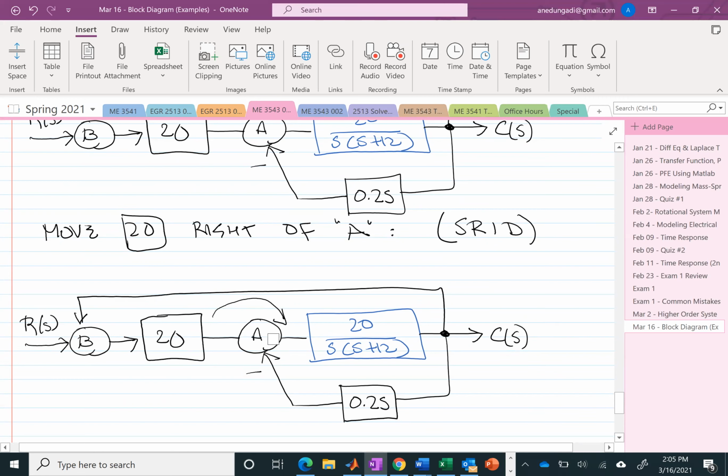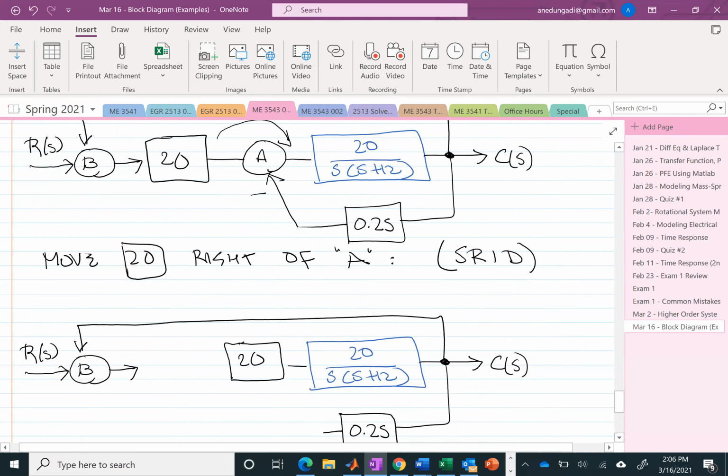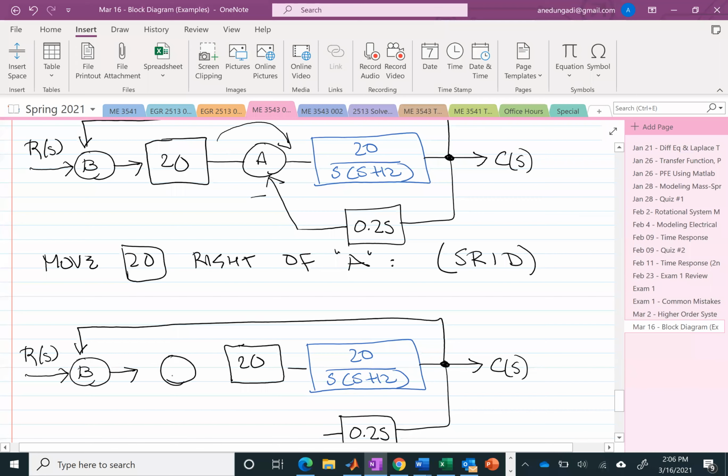So when that happens, you have 20, and then you have that summation block A minus B. Do you all agree with this?